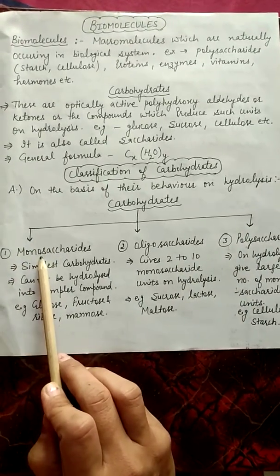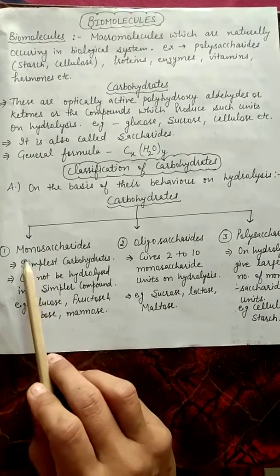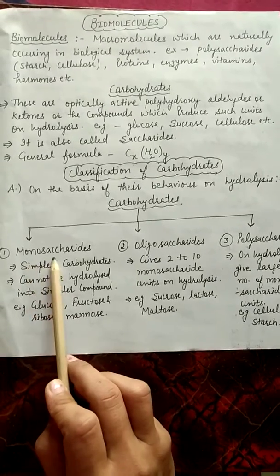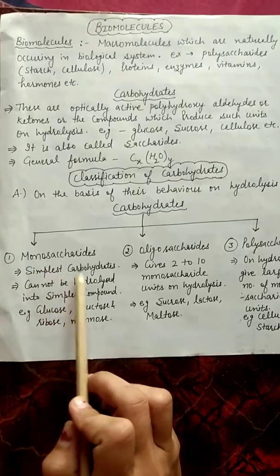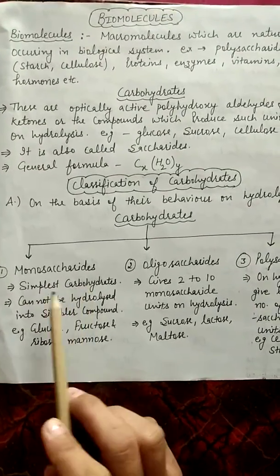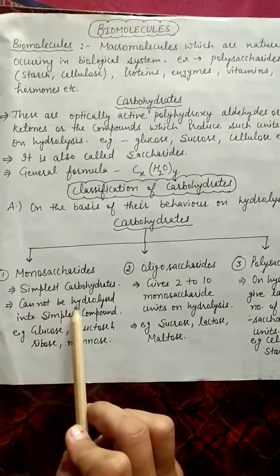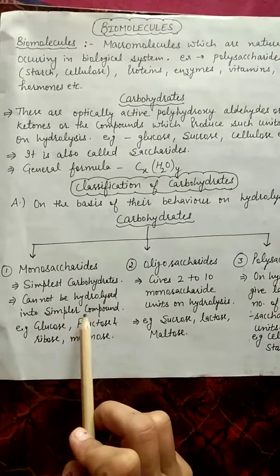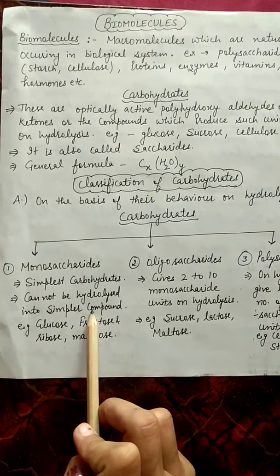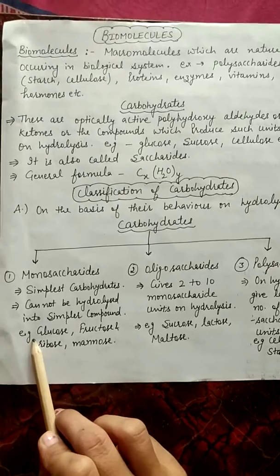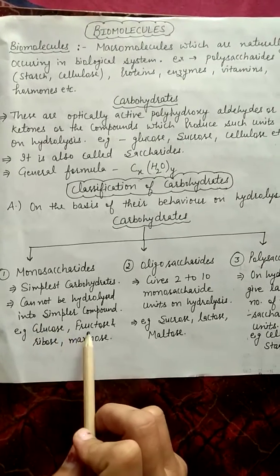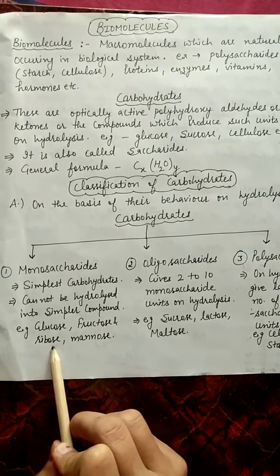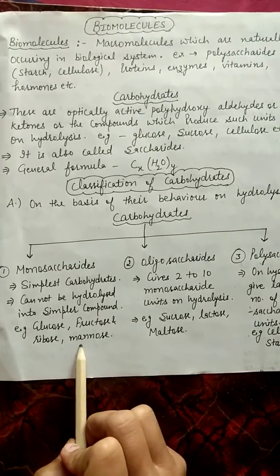Mono means single, meaning it is the simplest carbohydrate, which cannot be hydrolyzed into simpler compounds. Examples are glucose, fructose, ribose, mannose.